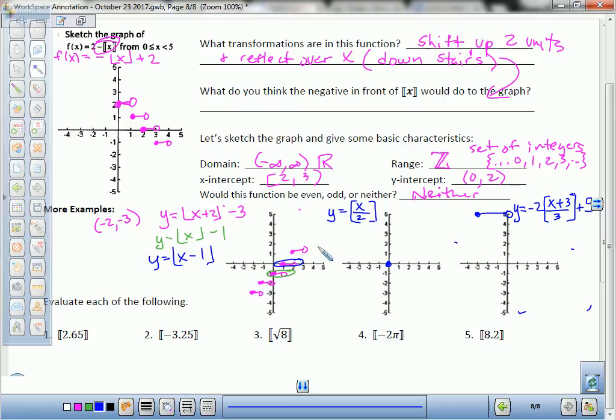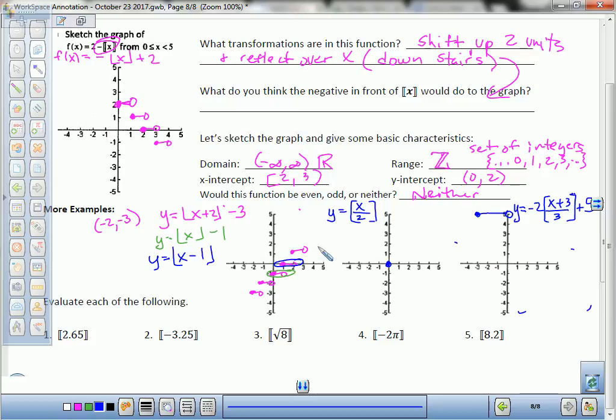Now, every time we have an x, we do the opposite. The opposite of adding 2 is subtracting 2. So the same thing happens here with multiplying and dividing. What's the inverse operation of dividing by 2? Multiplying by 2. So instead of my step being 1 unit, my step ends up being 2. It's just a longer step.